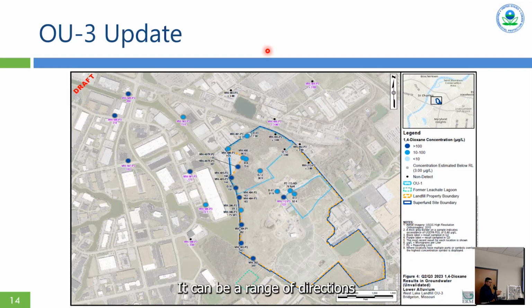It can be a range of directions, depending on how much rain we've gotten, the season, what the level of the Missouri River is. The Missouri River can affect groundwater flow, generally temporarily. So there is variation. That's why there's never just one flow direction.